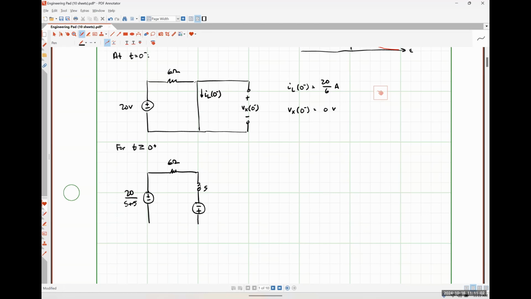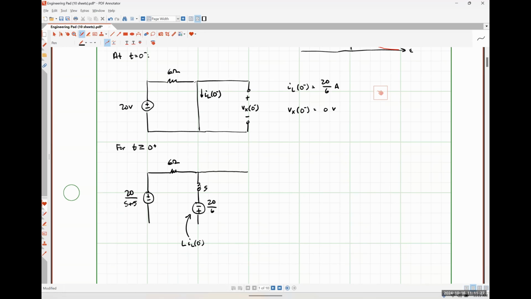It's not just L times I, right? 10 over 3 times L. Okay, no, I guess it is just that. So it is literally just L times IL at 0 minus. So we could just write that as 20 over 6, 10 over 3, whatever you want to call it, okay?